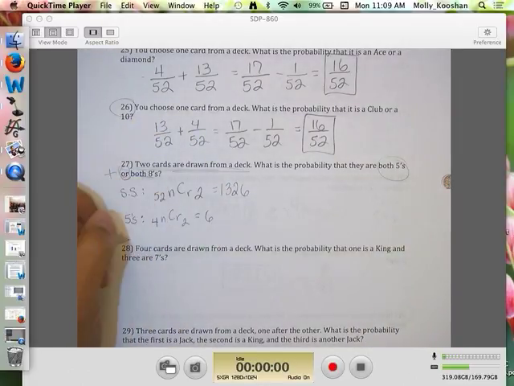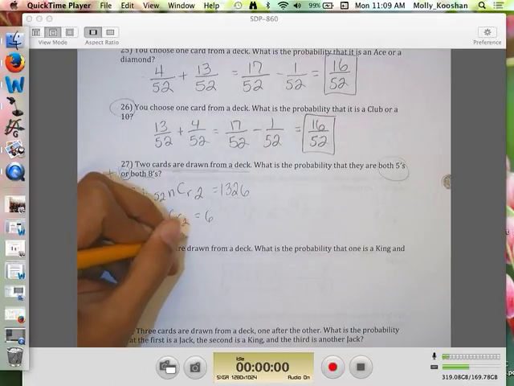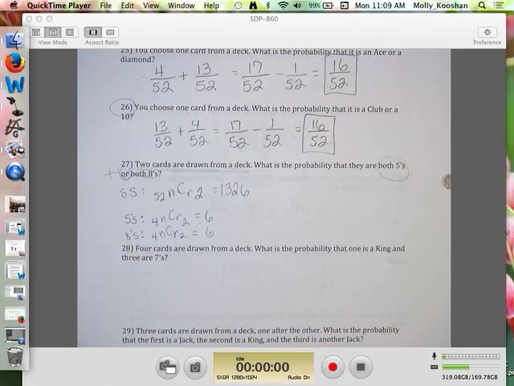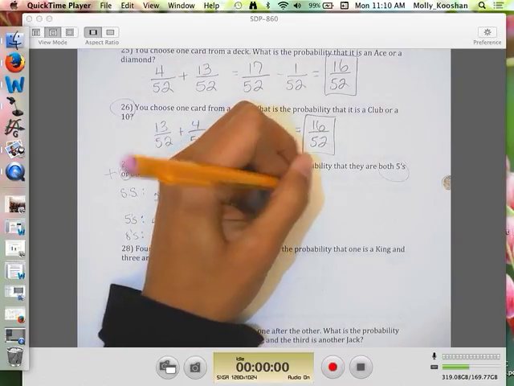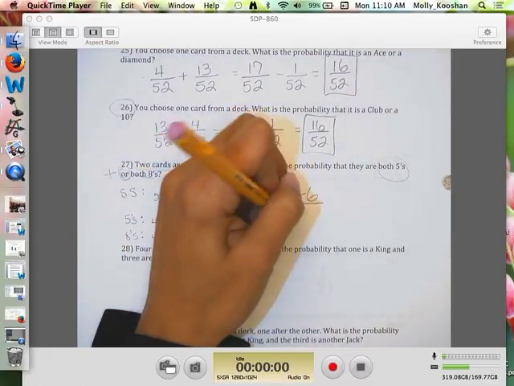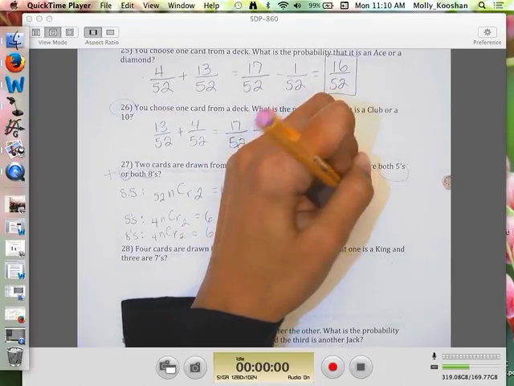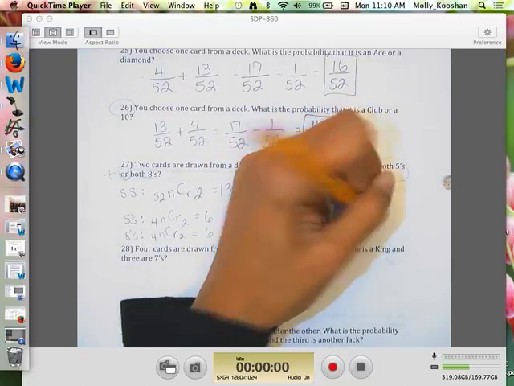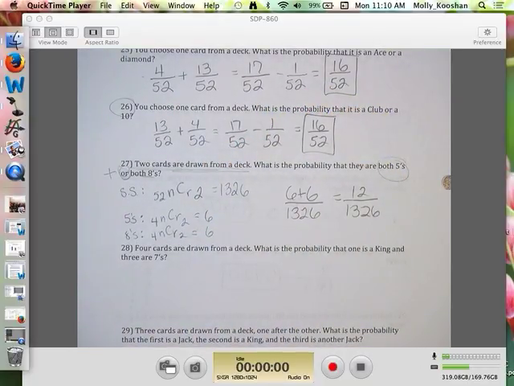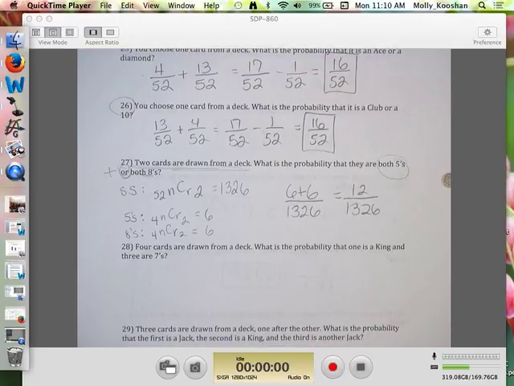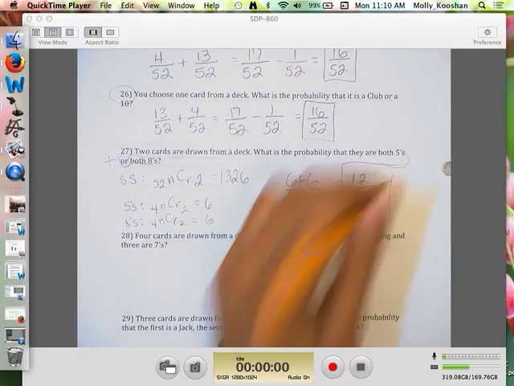Or both 8s. So it's the same for 8. There's 4 8s. You want to choose 2. That's going to come out to 6. Now the or means plus. So 6 plus 6 over 1326, which is 12 over 1326. And don't worry about simplifying that fraction.